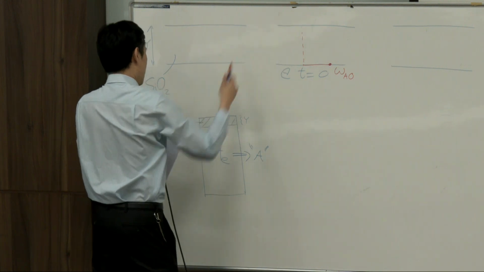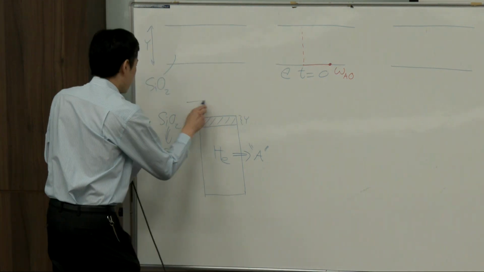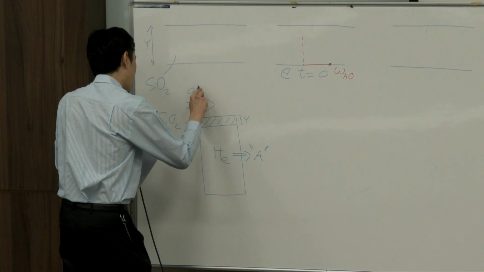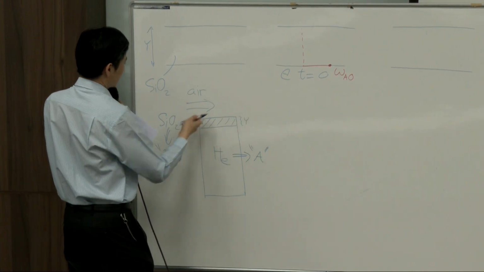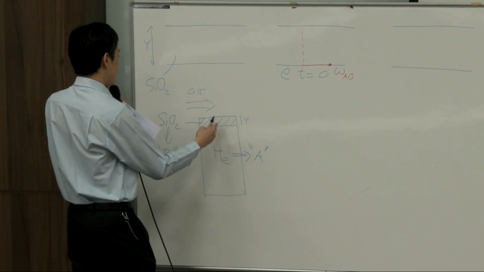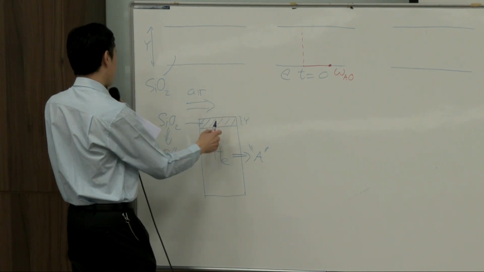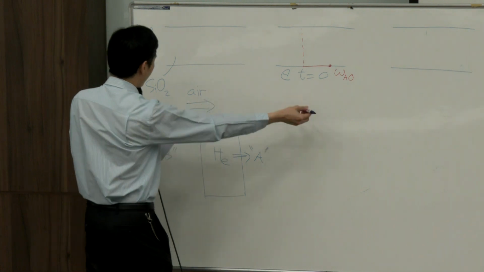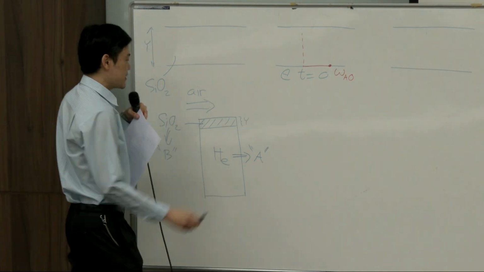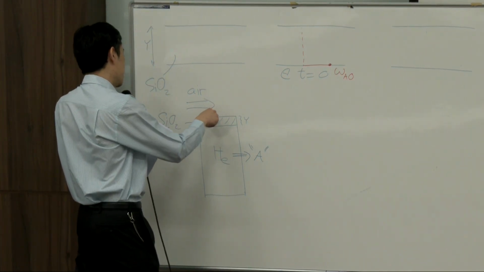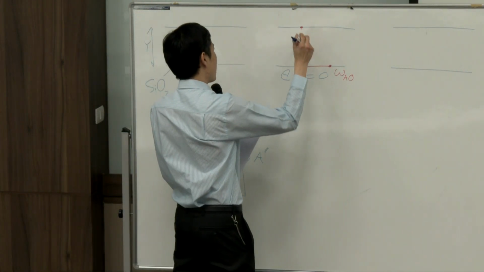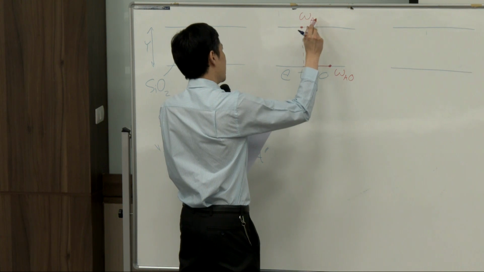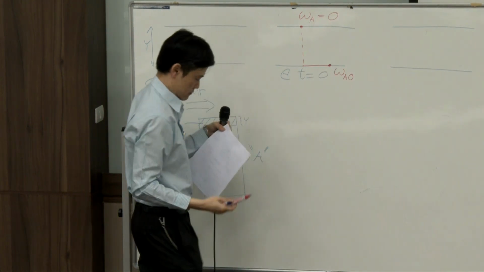Up here, if I have air continuously flowing above this slab, that means if helium can penetrate through the slab, it will be wiped out right away as soon as it reaches this point. So I can say that at this point, the concentration of helium would be 0.